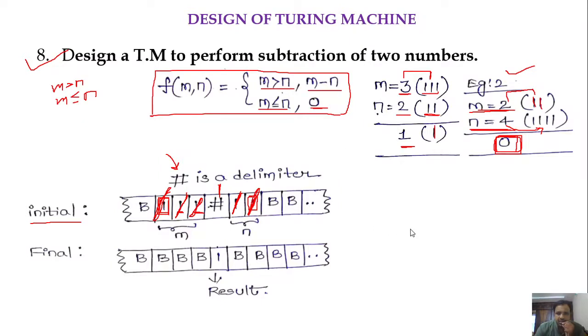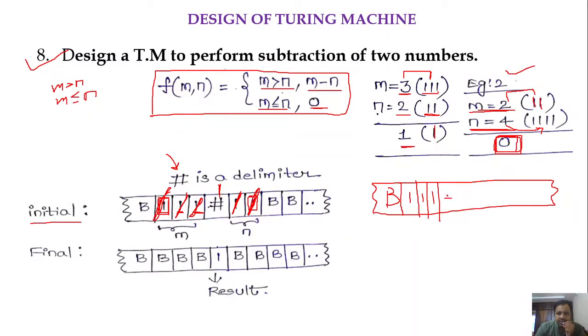So let us discuss the logic for this subtraction here. The next question is how do we cancel these ones? Let me take the input consisting of 1 1, then we have hash, then we have 1, then we have 1, then we have blank and blank.